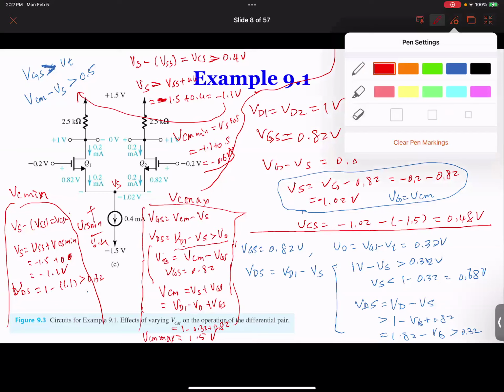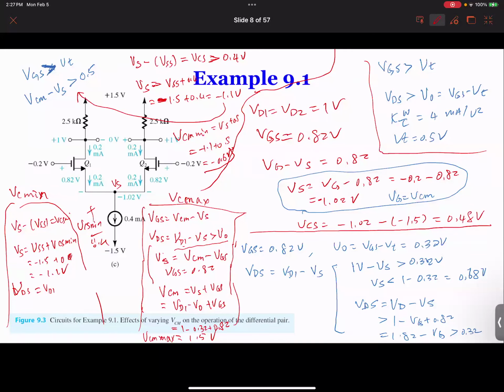So in this case, VDS is equal to VD1 minus VS, and this has to be larger than VO, and that's equal to VCM minus VS. So now we have VCM has to be less than... I got a mistake somewhere.